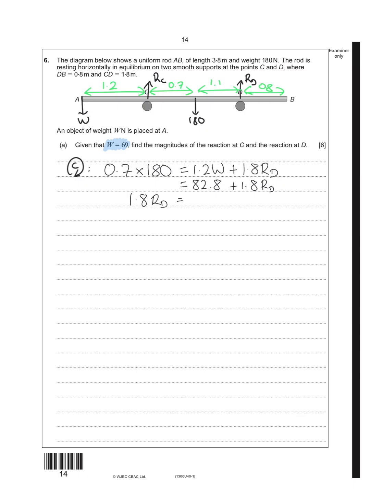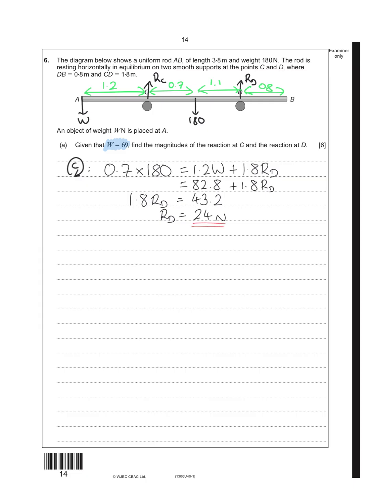So I'm going to have 0.7 times 180 minus that one. So I get 43.2, which means the reaction at D is going to be 24. Now, the fact that it's a whole number doesn't mean it's right, but it fills me with a lot of hope.